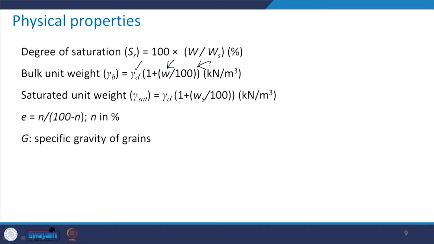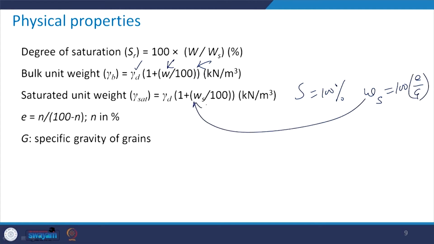And then you have the saturated unit weight, that means when you have the saturation, that is capital S equal to 100%, then whatever is the moisture content corresponding to that, which is 100 into e upon G, just now we saw, you substitute here and you will get this saturated unit weight, where G is given as the specific gravity of the grains.